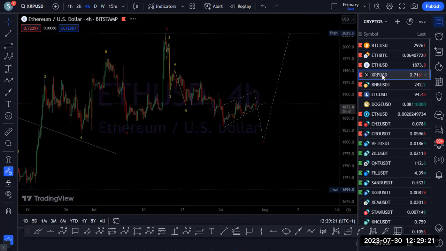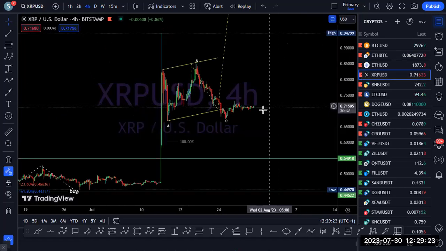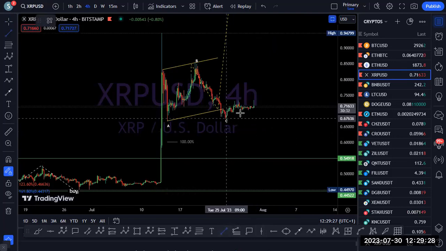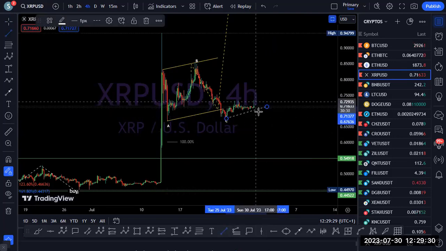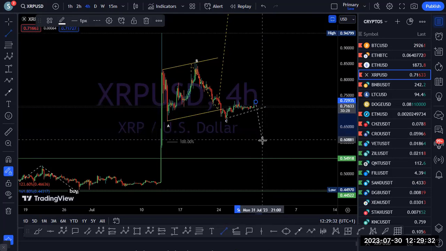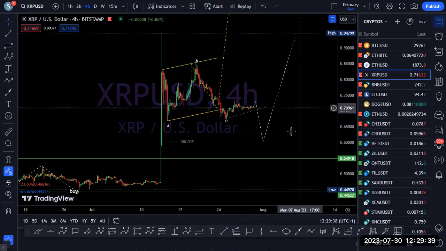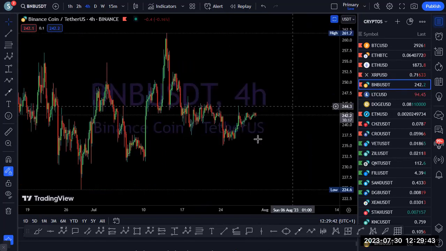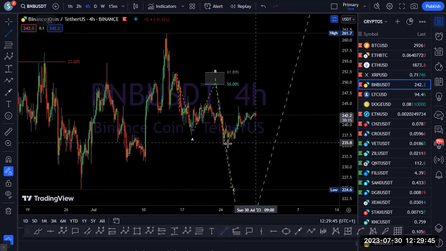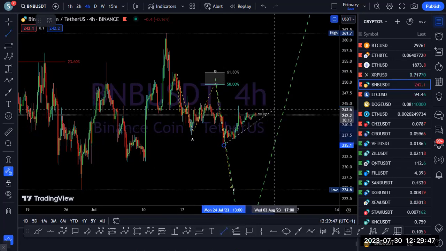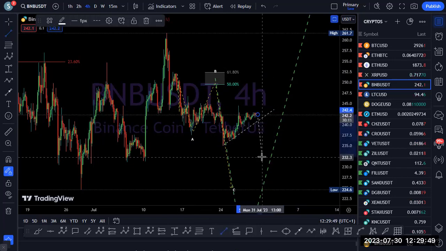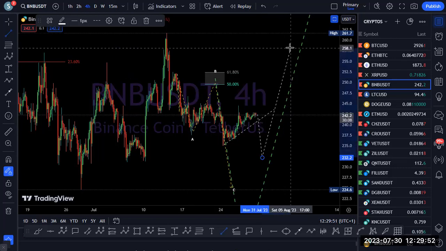XRP, a little drop again. It will drop, but it won't be much. Maybe something little before the big buy. BNB, it will also drop. Maybe little. Then it will buy.